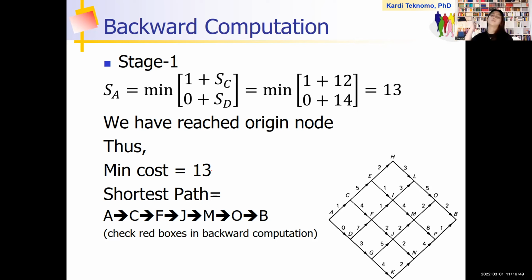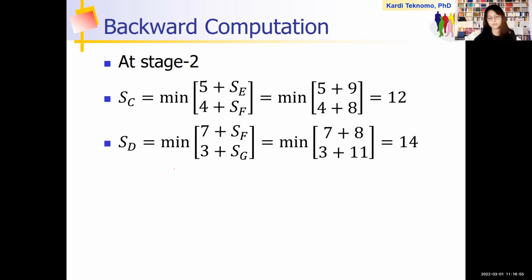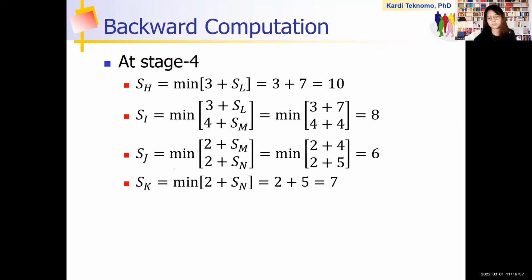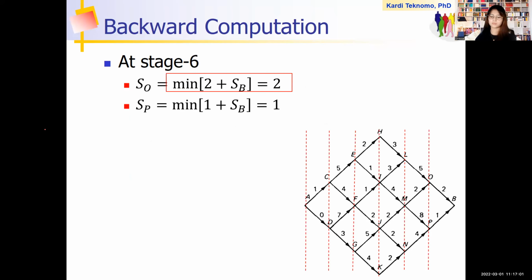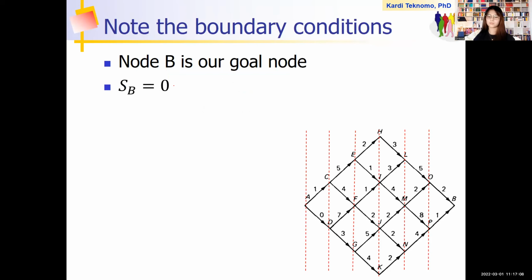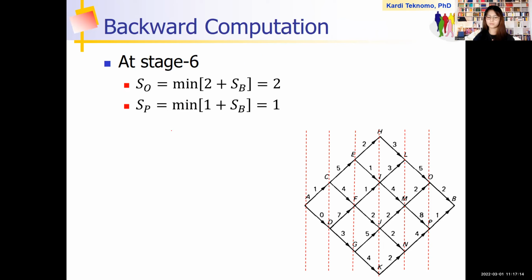And then you will ask, what is the shortest path in here? The one that gives you the minimum. That is the shortest path, right? In every state. So here in state 6, of course SP is the shortest path. Between SO and SP, which one?